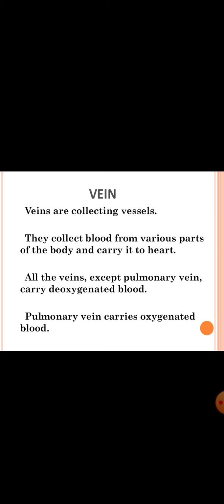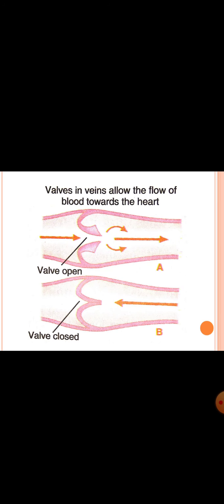Veins have thick, less muscular walls and a wide lumen, as we can see in the diagram. Their lumen has pocket-shaped valves to prevent backflow of blood.